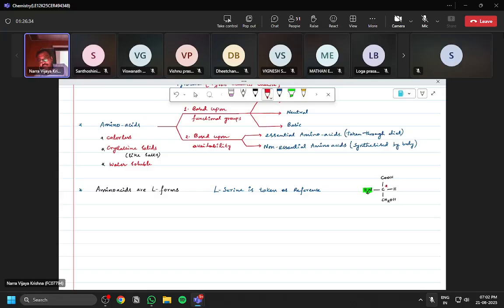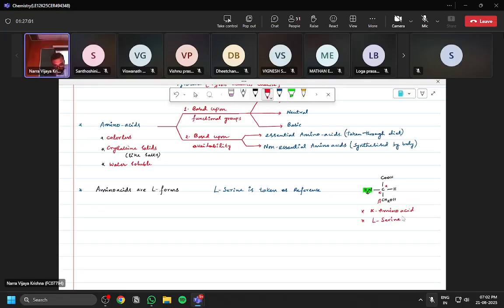Is it a chiral carbon or not? I call this alpha, this beta, correct? This is the priority functional group, so can I call this an alpha amino acid? We call this the L form, and this is nothing but L-serine, right?